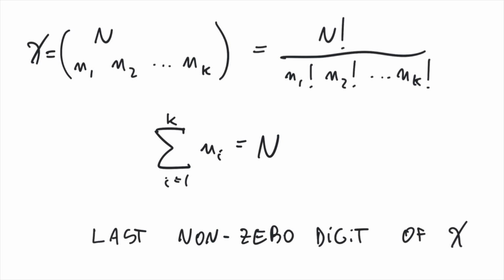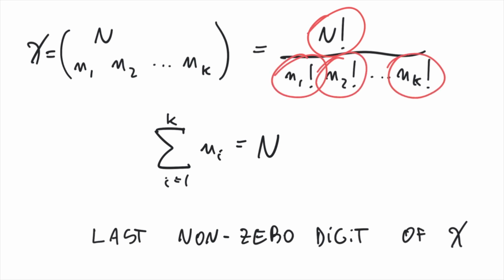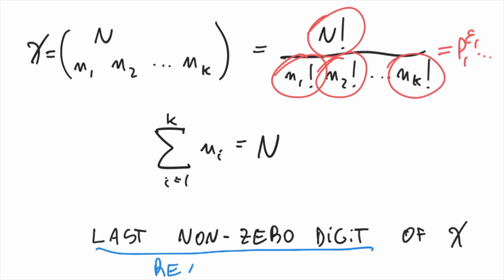But what if we factorize all the numbers up here, then factorize each of the numbers down here, and then we work with the factorizations such that we end up just with primes upstairs. Once we have this factorization, obtaining the last non-zero digit just means removing pairs of factors 2 and 5, right?